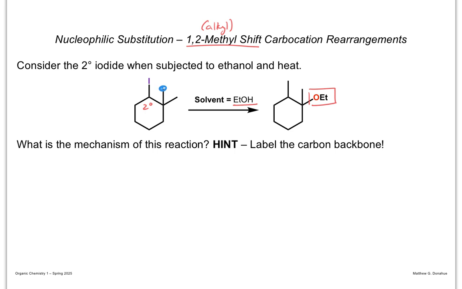See these two methyl groups? Let me redo these colors here. So I want to leave a blue one on that carbon, and then I want to make that one green.